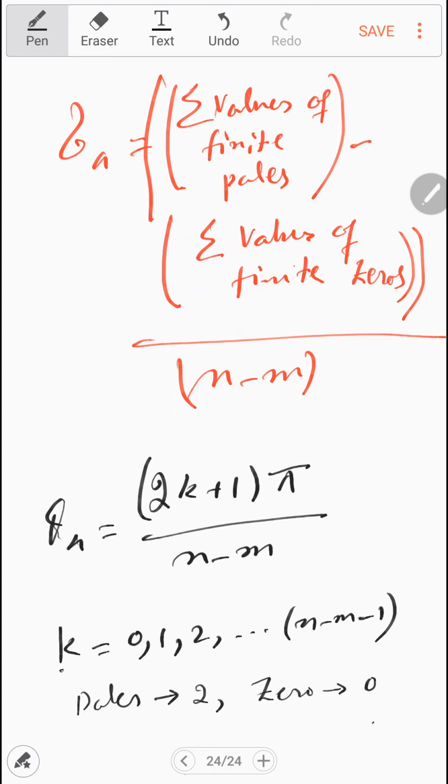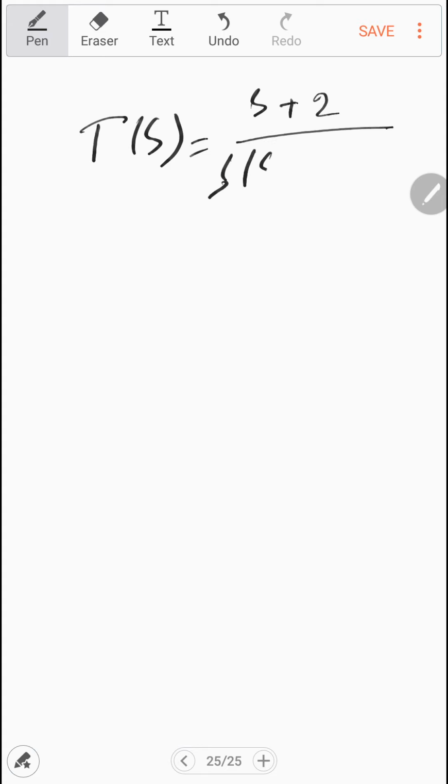For example, let us consider this example. Let's say that we have T of S equal to S plus 2 divided by S, S plus 3, and S plus 4.